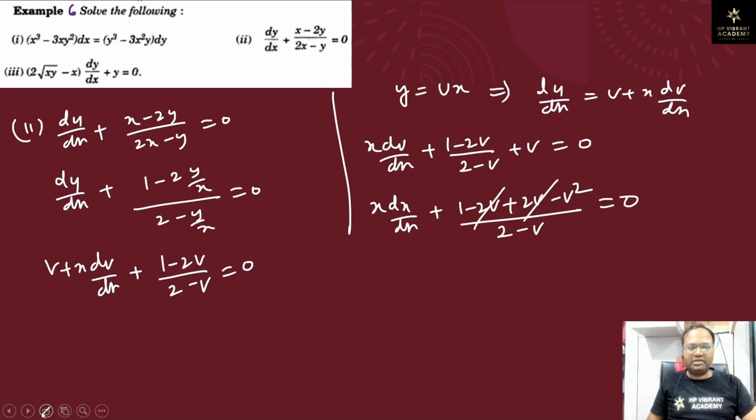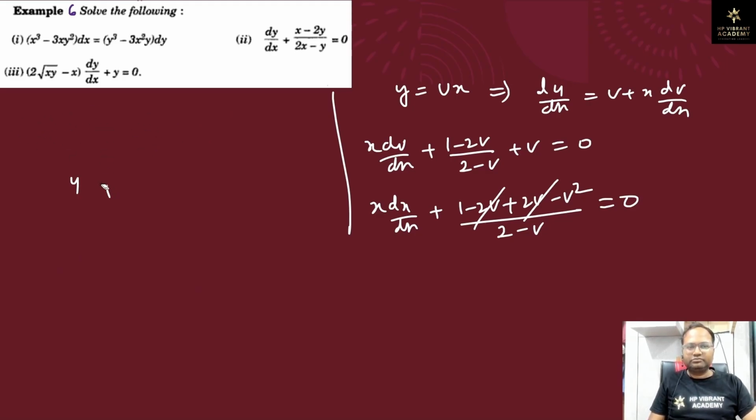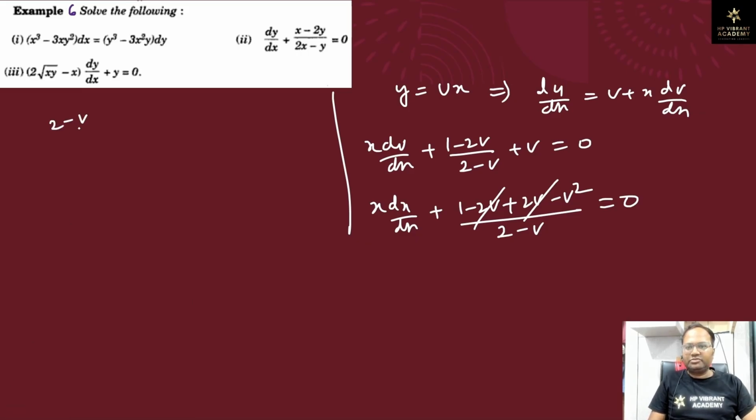So from here we have 2 minus v upon 1 minus v square dv plus dx upon x is equal to 0.